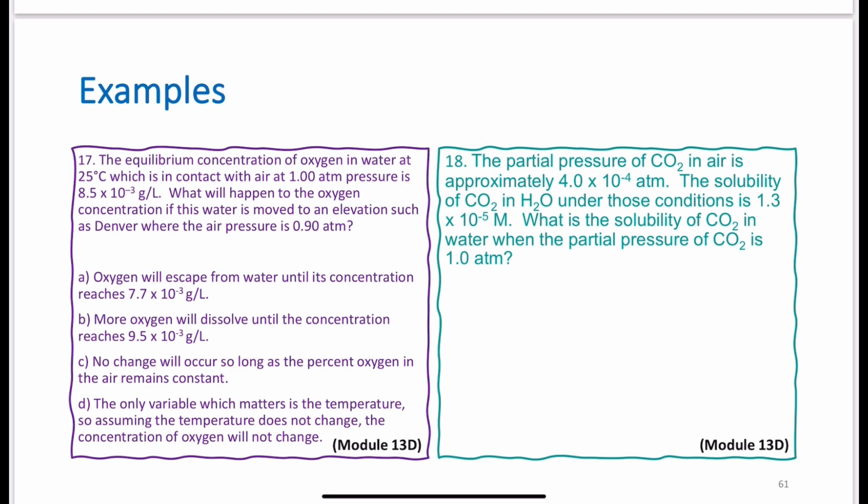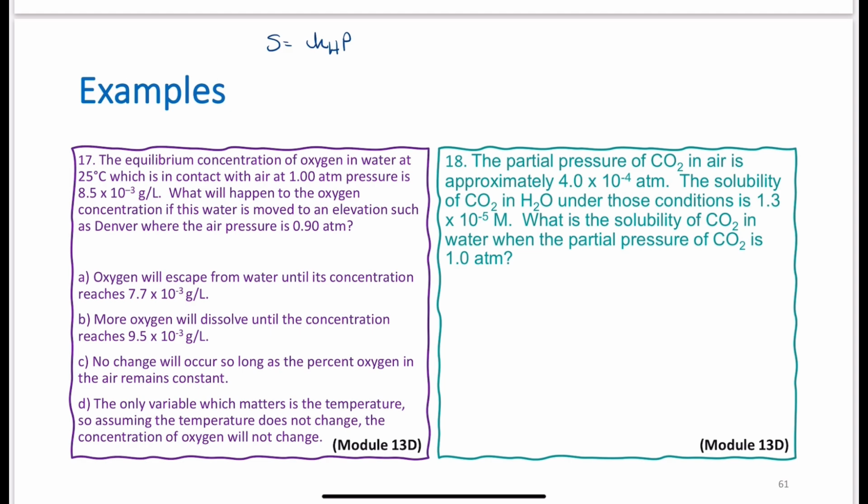So assuming the temperature does not change, the concentration of oxygen will not change. This is looking at that idea of Henry's law, which is looking at solubility of gases based on the Henry's constant. So that equation, again, S is equal to KH times P. S being your solubility, KH being Henry's constant, and P being the pressure.